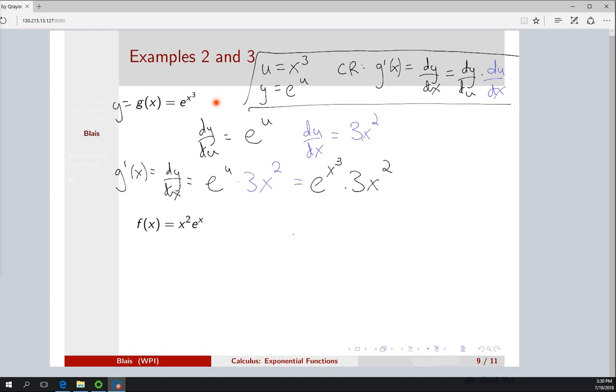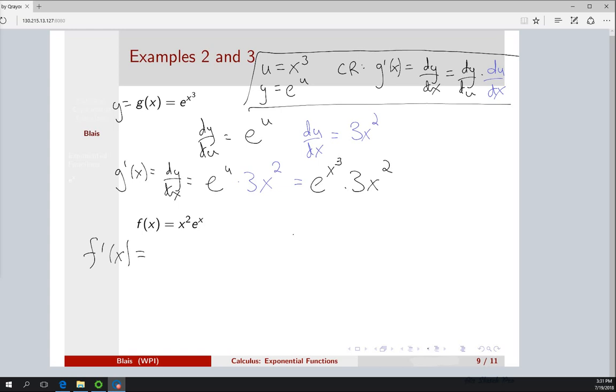When people see this for the first time, it can be a little bit deceiving because the idea that the derivative of e to the u with respect to u is just e to the u is very simple, so it's deceiving. But this is the idea. If we look at the other example, here we have a product rule question.